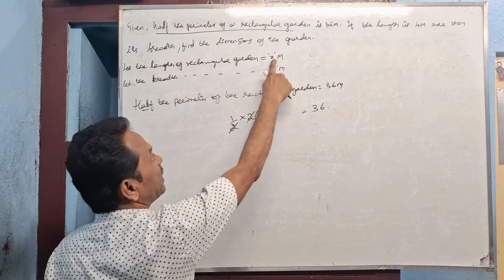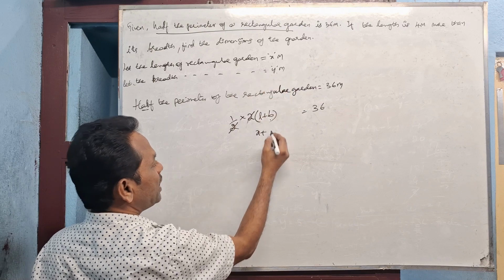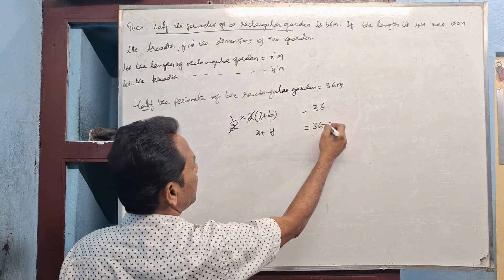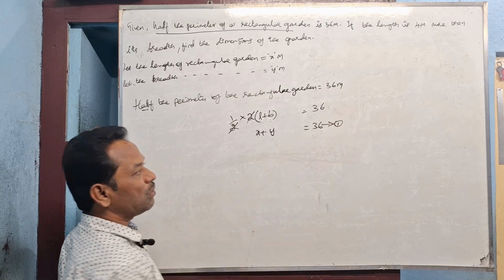The value of L is x and the value of B is y. So x plus y equal to 36. Let me take it as equation 1.